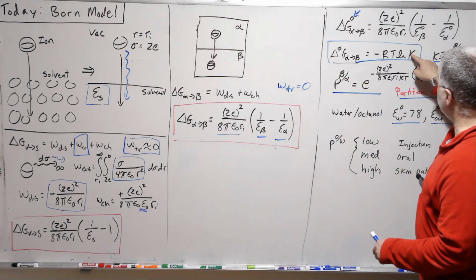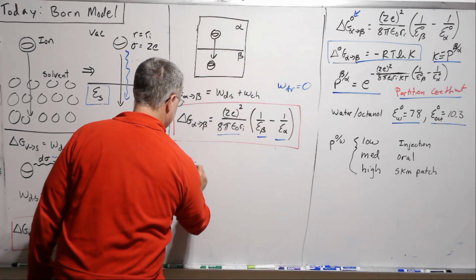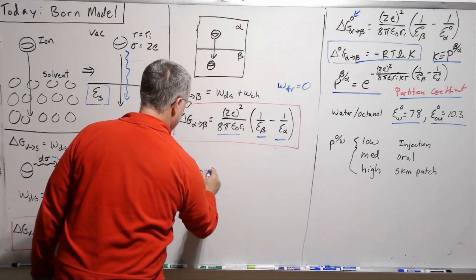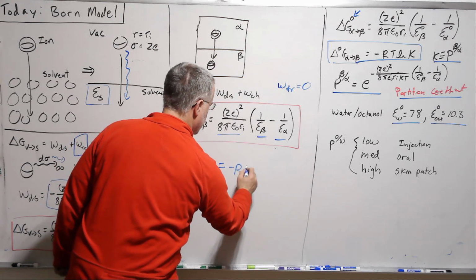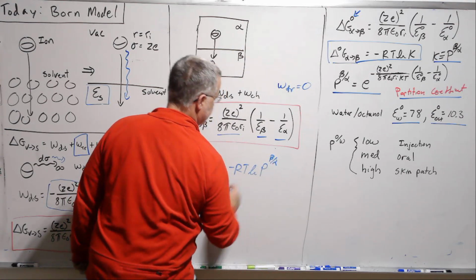Let's solve for that. So we have delta G alpha beta equals minus RT ln P beta over alpha.